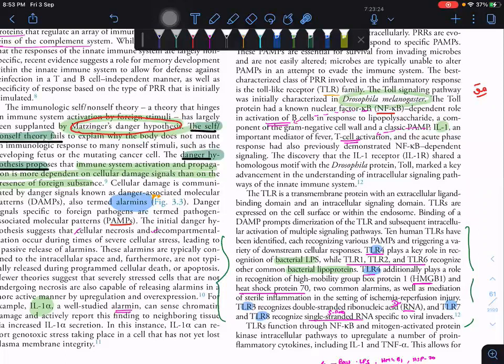The toll-like receptor has one protein known as nuclear factor kappa B, NF-kB, which is mainly involved in the activation of B cells, similar to how IL-1 is involved in the activation of T cells. The cytokine IL-1, an inflammatory process mediator, is also involved in the production of T cells.